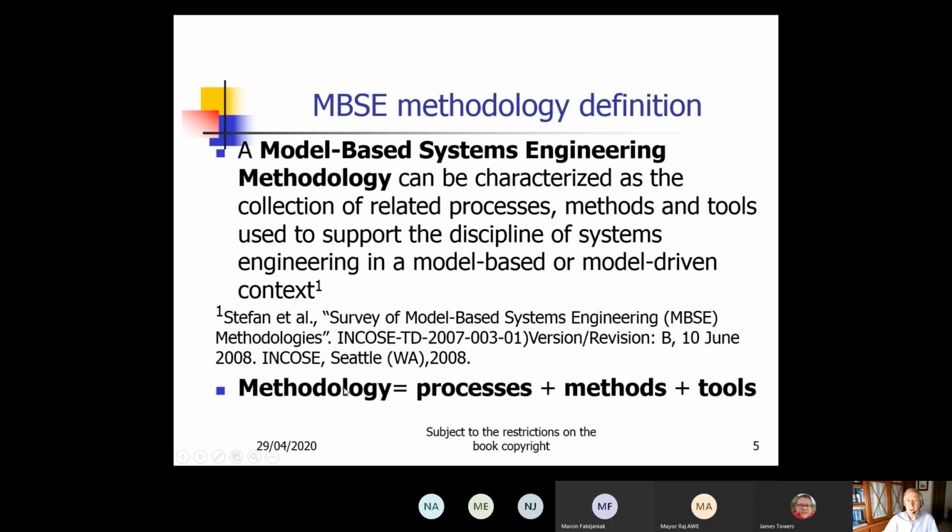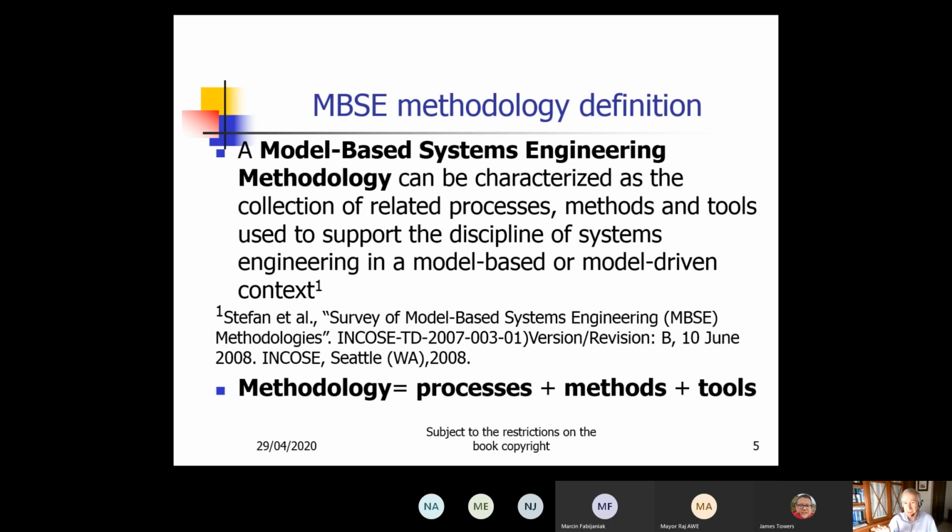So for us, the important thing in the methodology right now is the process and the methods. The processes are the way to achieve steps to obtain the main model-based outcomes, and the methods are a set of good best practices.